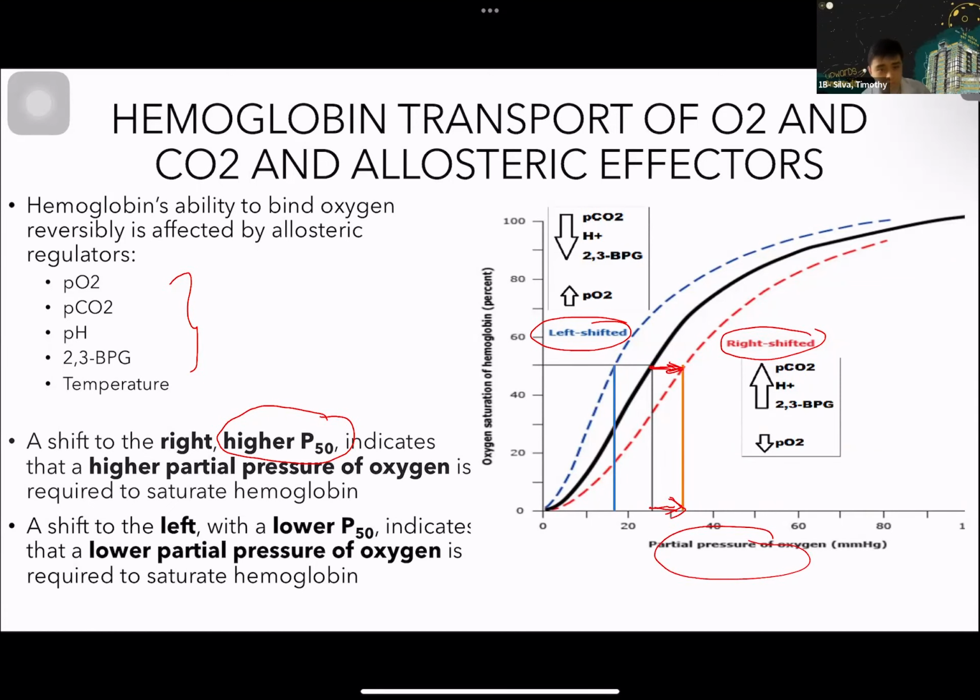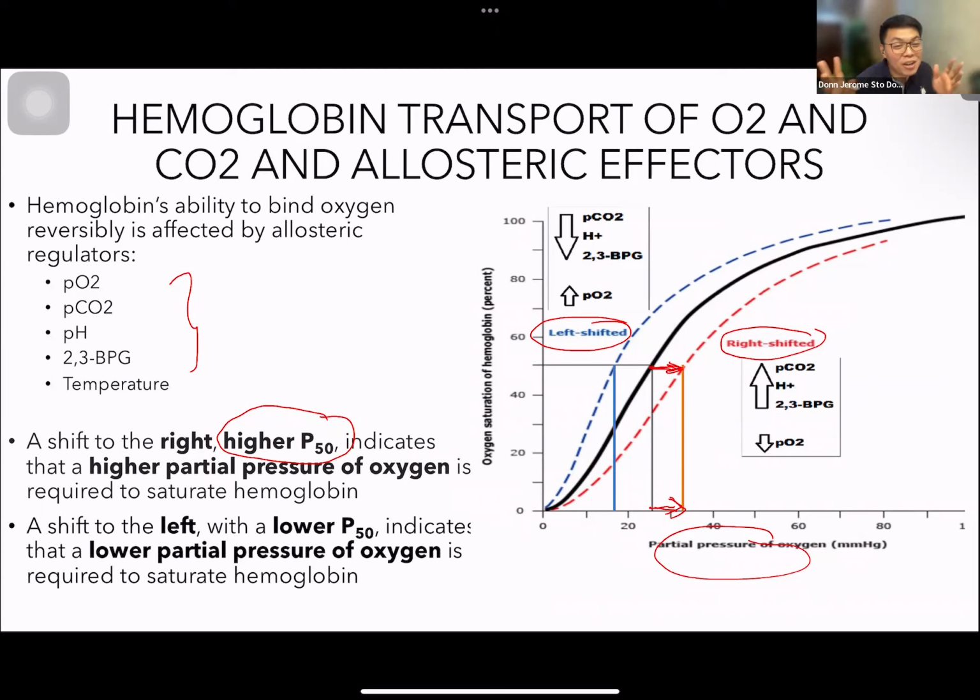So you need a higher partial pressure to saturate 50% of hemoglobin. So what does that tell you? Does that tell you that hemoglobin has higher affinity or lower affinity to oxygen? Lower. Lower affinity, because you need a really high partial pressure just to saturate your hemoglobin. Meaning, hemoglobin is snubbing the excess oxygen.